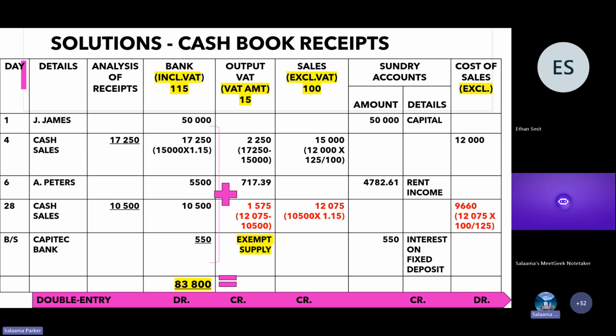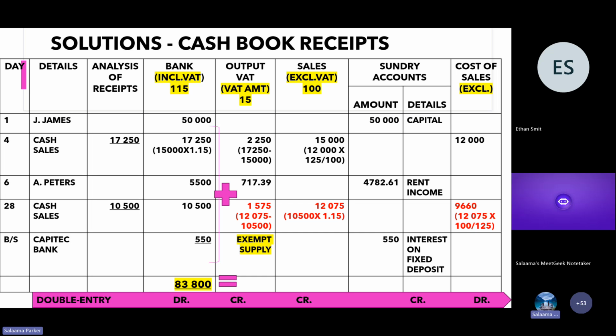I've rounded off to the nearest rand, and I know that Paran has given you the answers to two decimals, which could also be fine, all depending on what the instructions on your question say. Please just do note that.